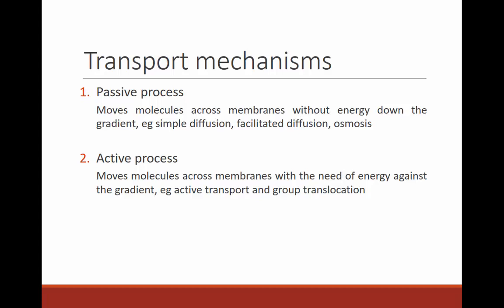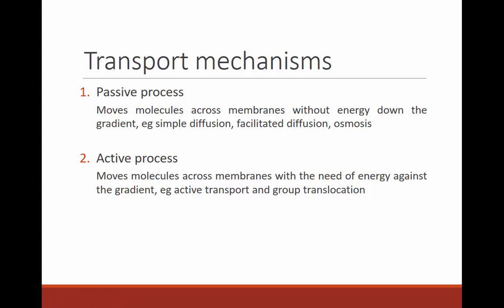So things like simple diffusion, facilitated diffusion, osmosis. Now osmosis is a special case, and you probably have all done chemistry, so you realise this. Osmosis is water movement. So that's a passive process.